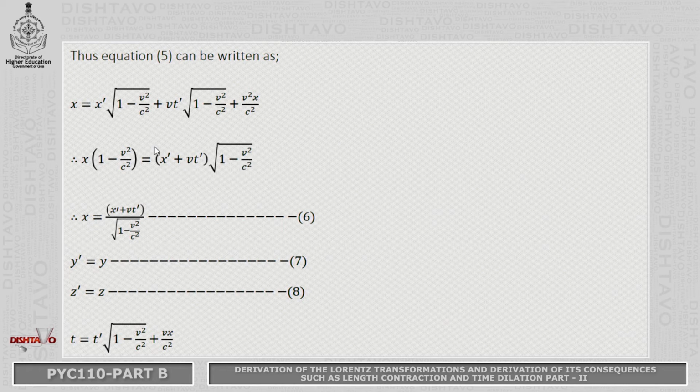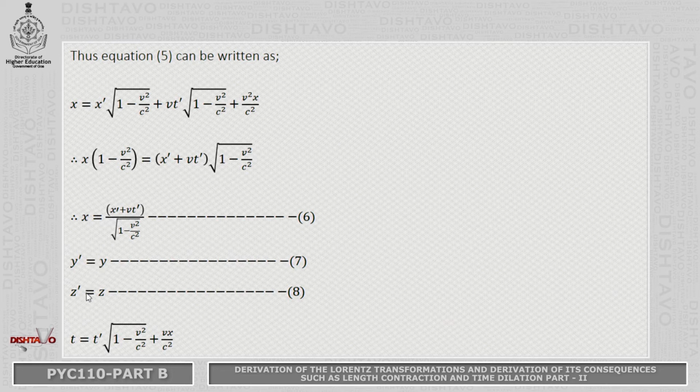This bracket will have x dash plus vt dash. Therefore, on dividing this bracket on the right hand side, we get x equal to x dash plus vt dash divided by square root of 1 minus v square by c square. This is the inverse transformation for x.